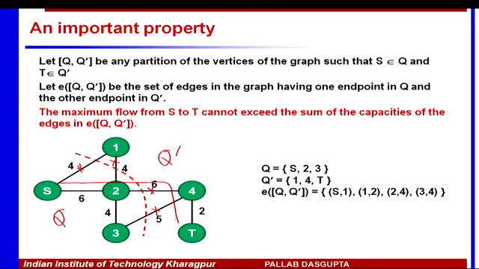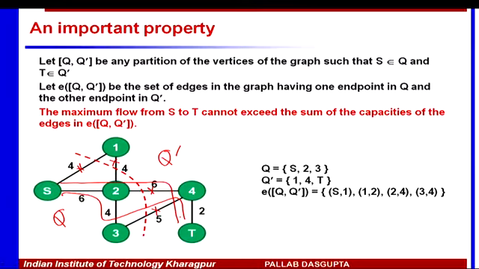Now, if you look at another path, what is the flow along this second path? 2. Now, can I pass 2 units of flow through this plus 2 units of flow through the other path?